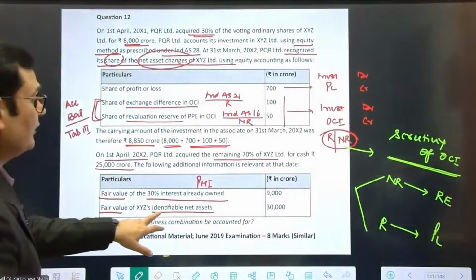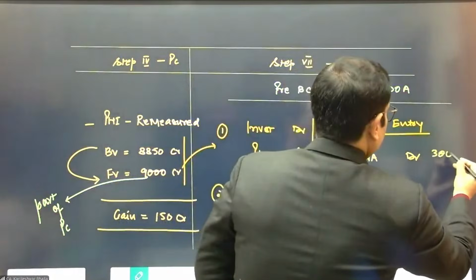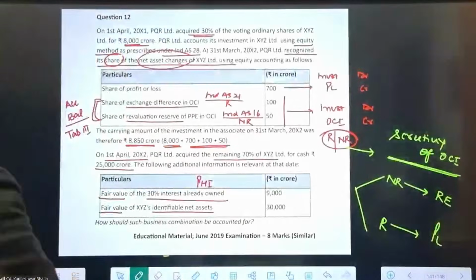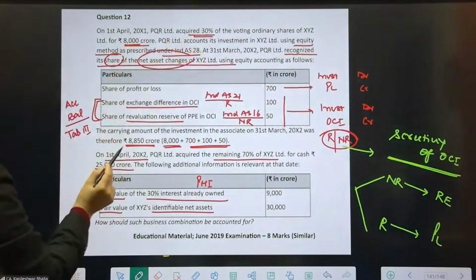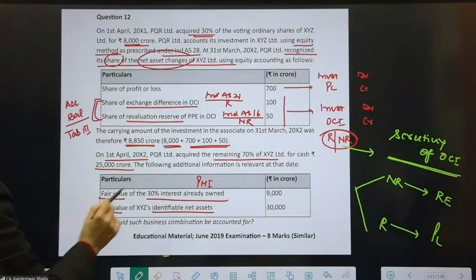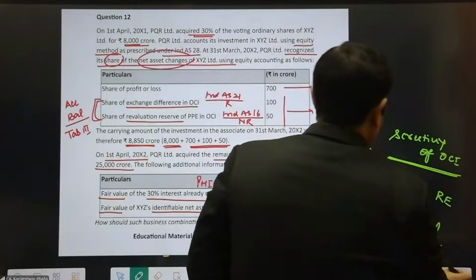So we're given the fair value of the net assets is 30,000. And if you take the purchase consideration, earlier you acquired a 30% stake whose fair value is 9,000. And you've acquired another 70% stake paying another 25,000 crores.